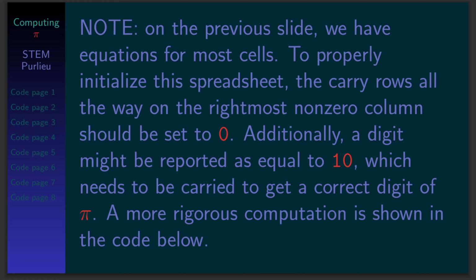We have to note that for this to work correctly, there's only a finite number of rows and columns inside the matrix. In order to initialize the data correctly, we need to put zeros into the rightmost non-zero column corresponding to the carries.